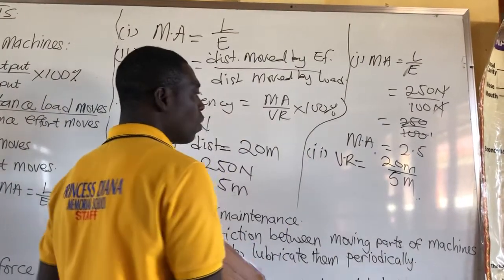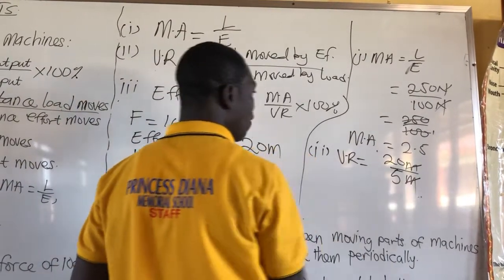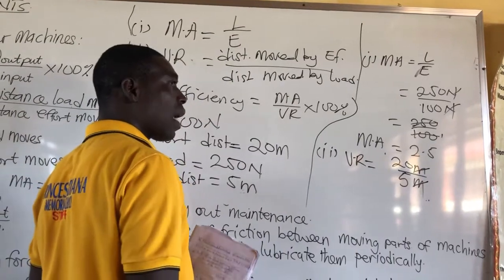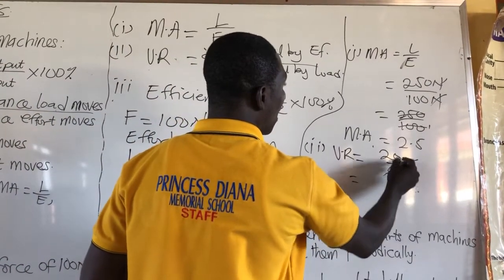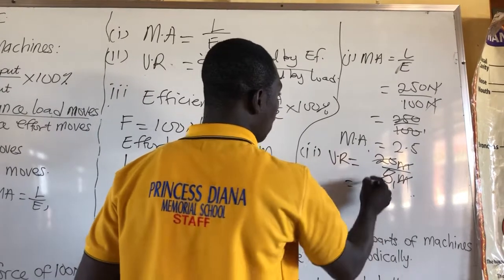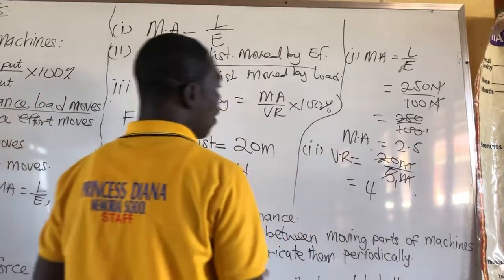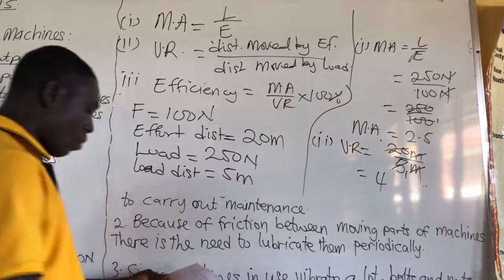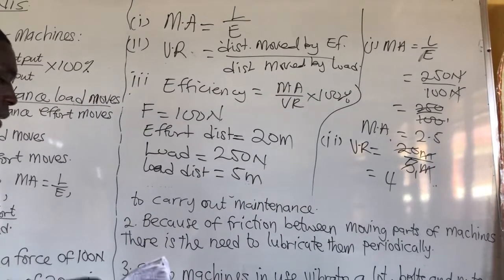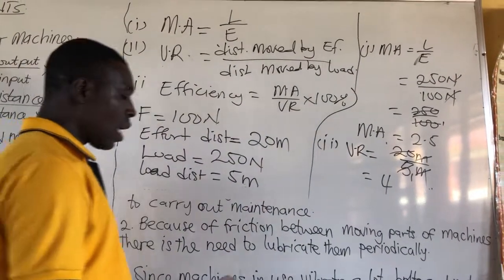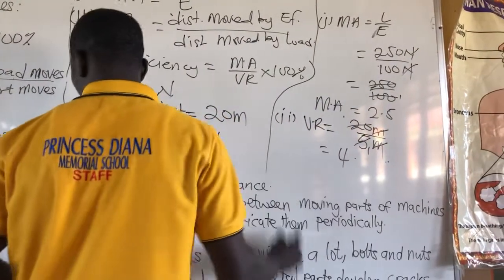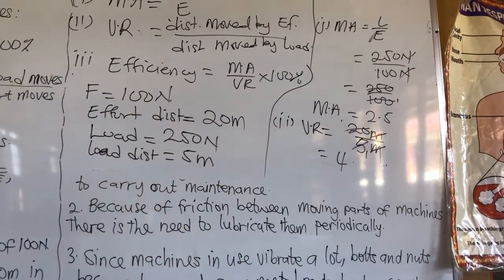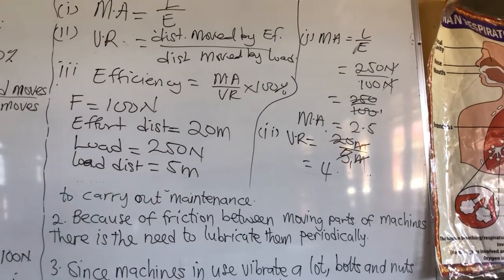And the units cancel out, and therefore velocity ratio has no unit, and 5 into 20, we have 4 as our answer. So that is for the velocity ratio.